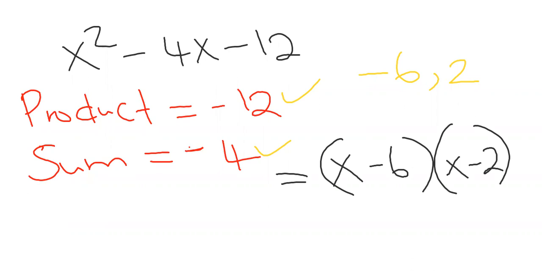Now, remember, I said you only use the product sum rule if the coefficient of x squared is 1. Or alternatively, if your a is 1. That's when you use the product sum rule. If that's not the case, then it means you are going to do something else, which is what I'll show you in the next video.